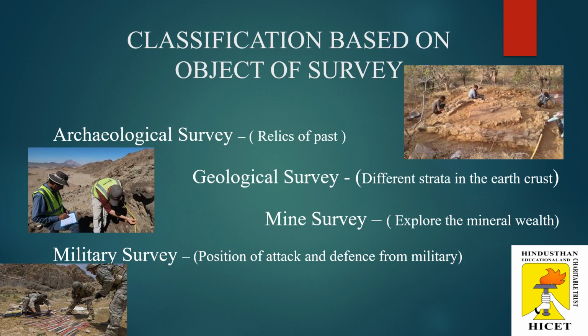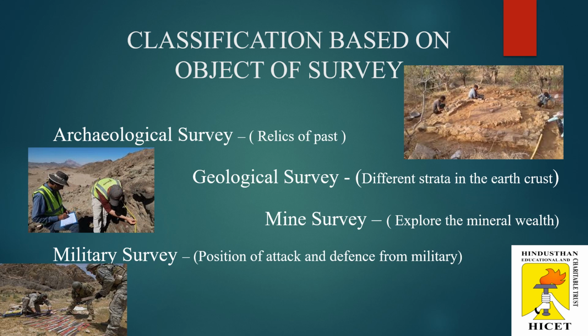So next one, classification based on the object. Archaeological survey. This type of survey is done to trace out the past, right? So that is archaeological survey. Geological survey, this type of survey is done to determine the different strata available in the earth crust.